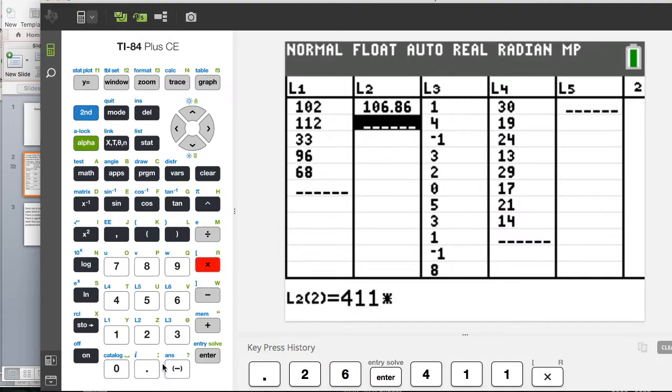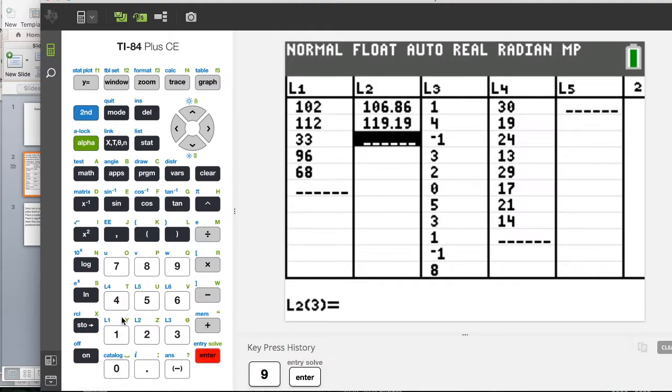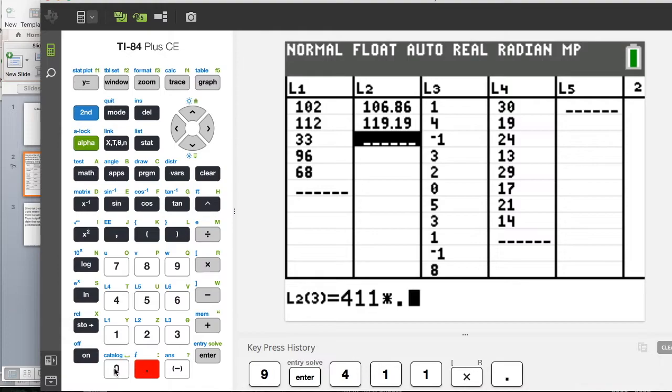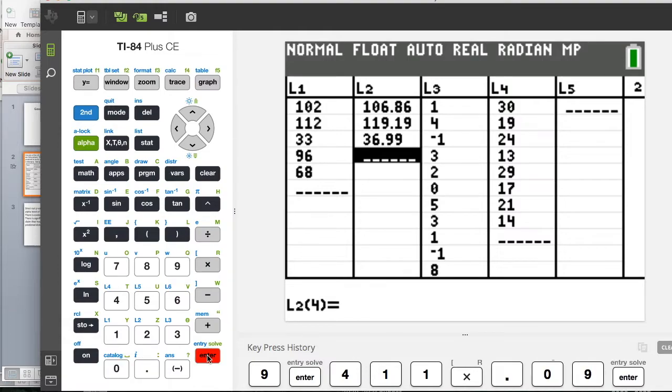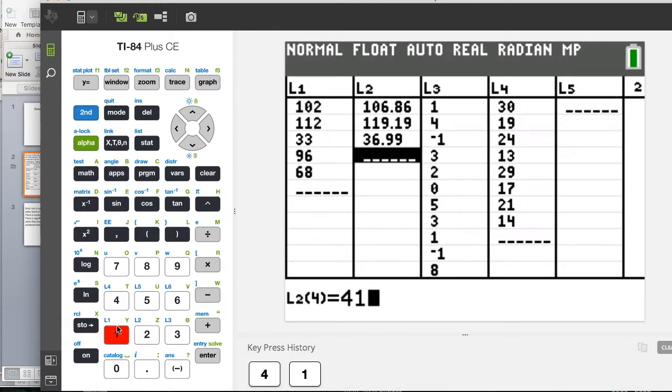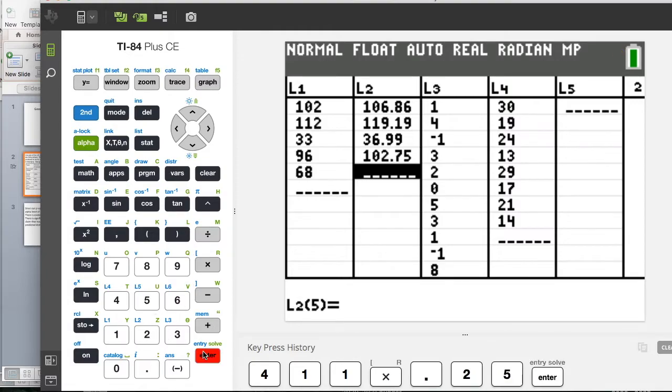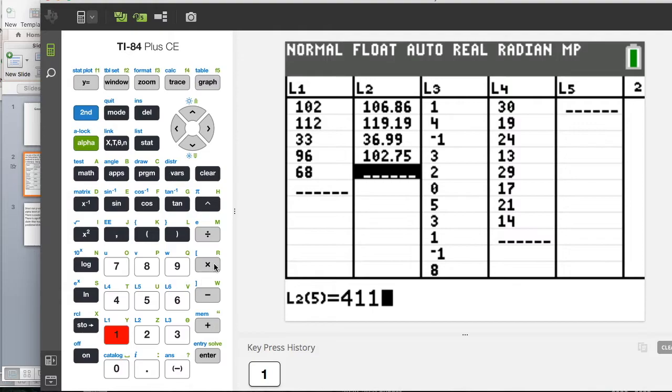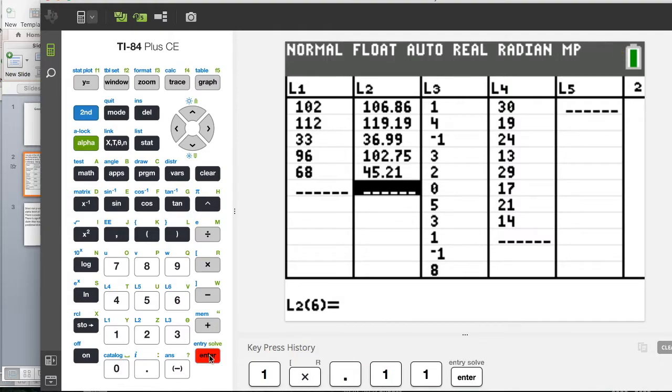Then 411 times 0.29, 411 times 0.09, 411 times 0.25, and 411 times 0.11. I'm going to check my work real quick, make sure the numbers are plugged in correctly. Okay, and there's your expected values.